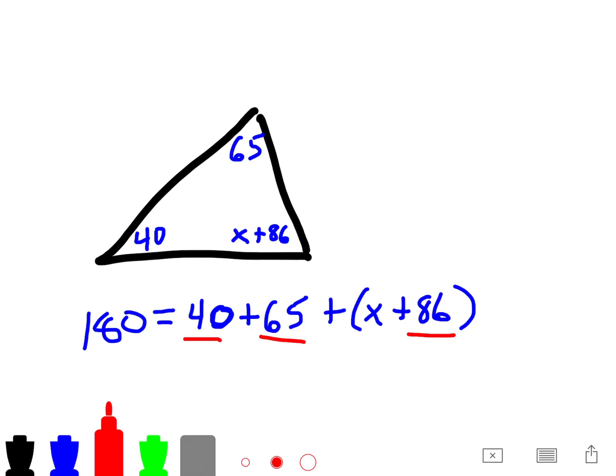40 plus 65 is 105. 105 plus 86 is 191. Now wait a minute. Did I goof? Let me actually do that on a calculator.